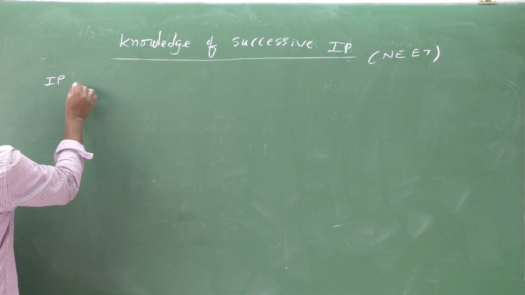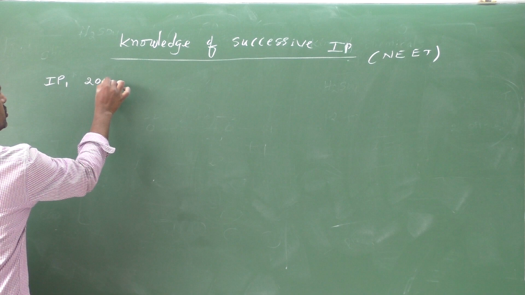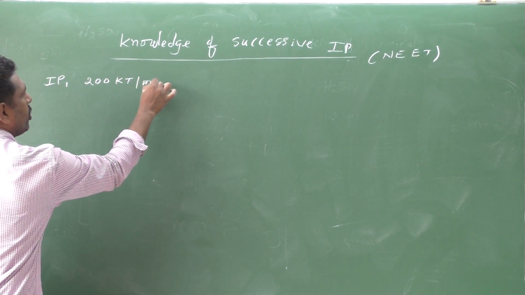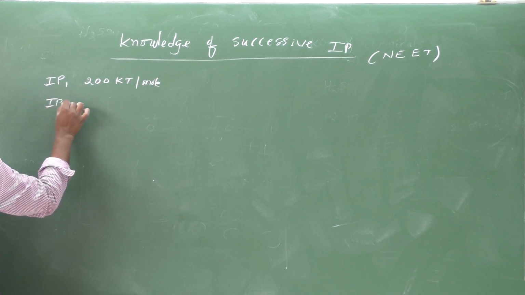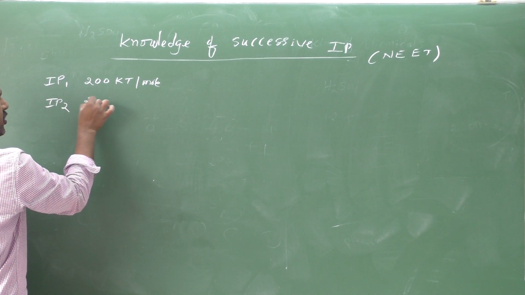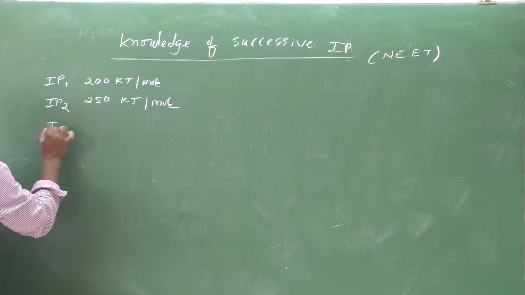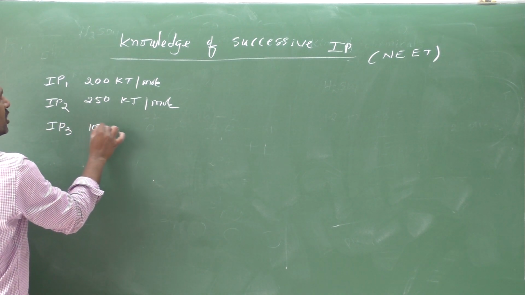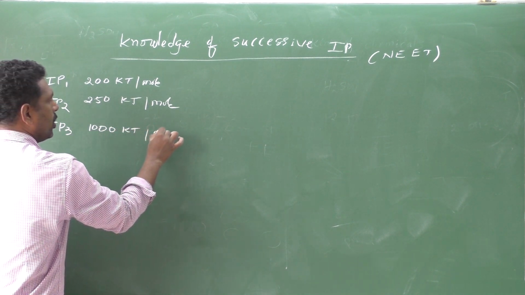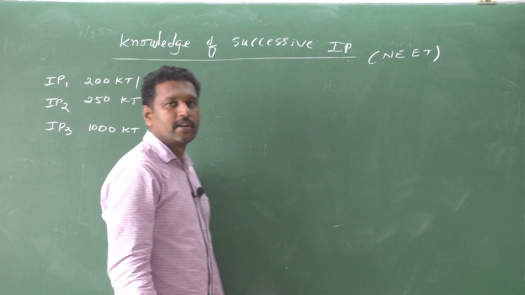IP values: IP1 200 kilojoule per mole, IP2 250 kilojoule per mole, IP3 1000 kilojoule per mole. Like that they are given.